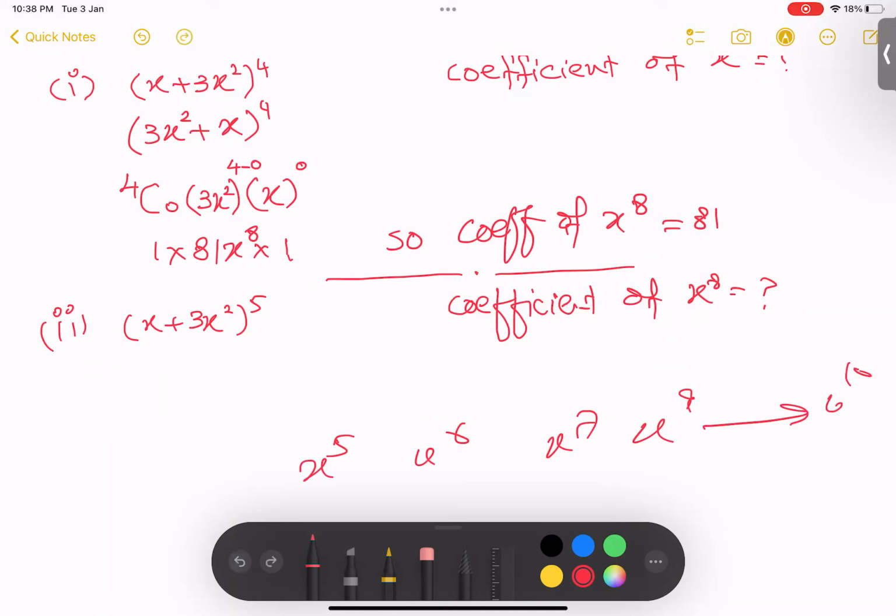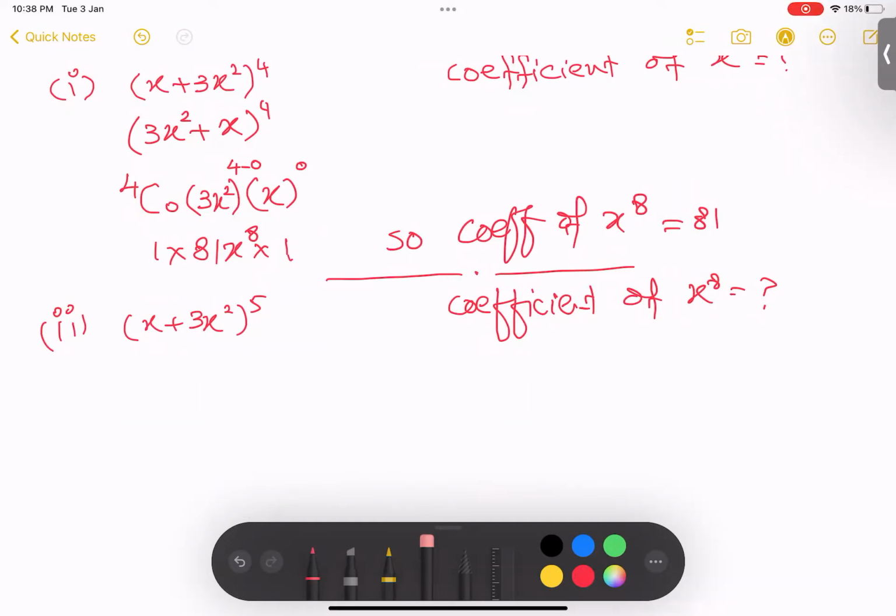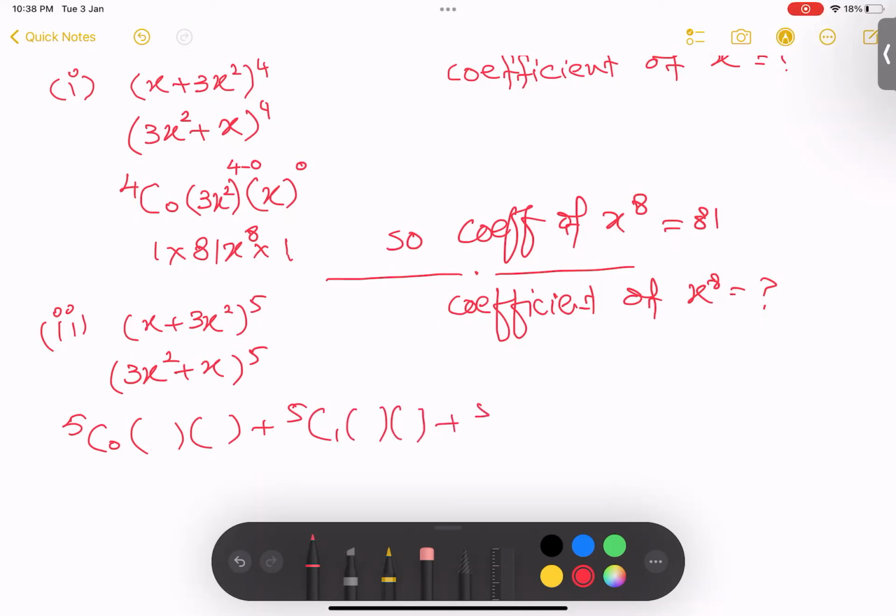Going that way, it takes time to reach x to power 8. If I go this way, I can reach easily. So the best technique is to change the places: 3x to power 2 plus x. What happens then? 5C0, 2 values, then 5C1, 2 values, then 5C2, again 2 values.